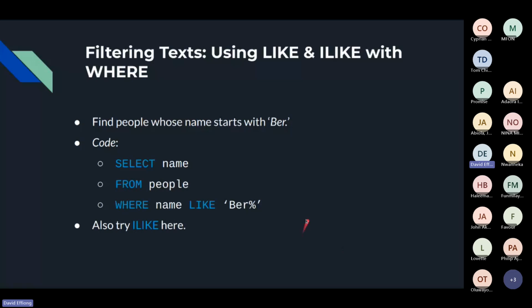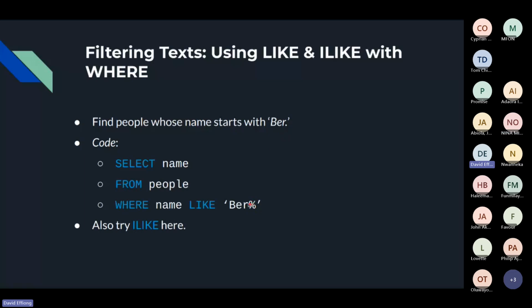Okay, this is a perfect example. Now you want to find the names of people whose name starts with BER. That is a pattern. So SELECT name FROM people. Now all of these are filtering, so you always use the keyword LIKE, because you're trying to find the names that start with BER followed by a percentage sign.